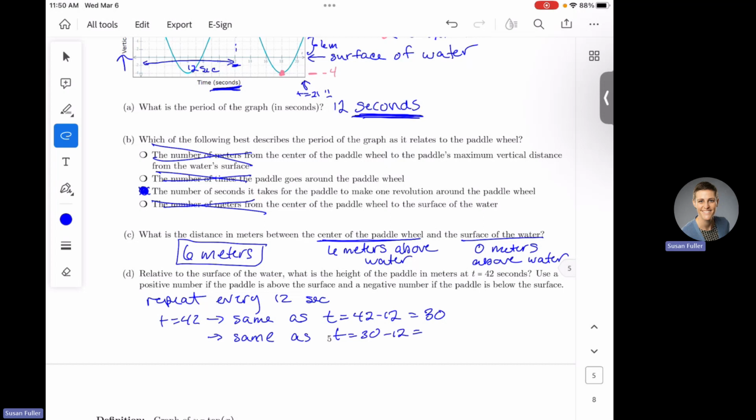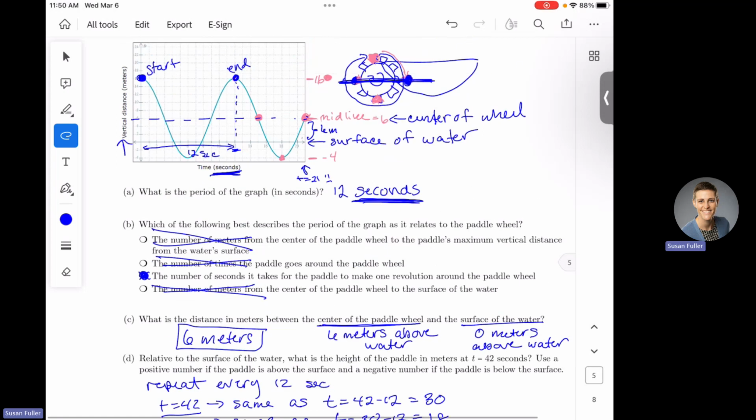What if I went back another rotation? So 30 minus 12, that's 18. So wherever the paddle is at 42 seconds is the same as where it is at 18 seconds. 18 seconds is in fact on my graph. The height of the paddle wheel above the water is right here at -4. Again, it says a negative number if we're below. We're 4 meters below the surface.